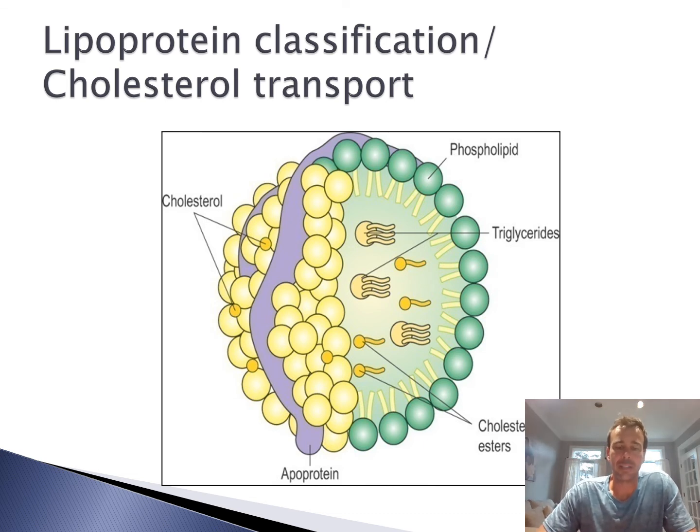So these things are carried throughout our body, and our cholesterol levels are a measure of these things. So they are obviously very important clinically. I'm going to talk through a little bit about the processes of how these are classified and how they are transported throughout the body.